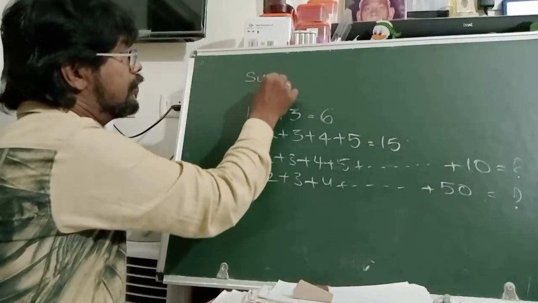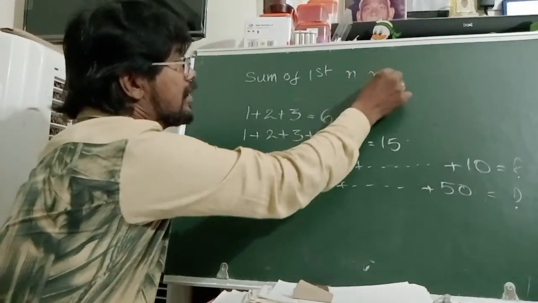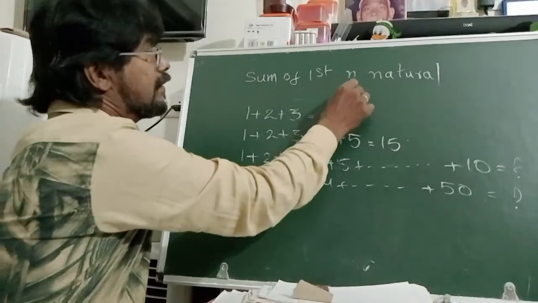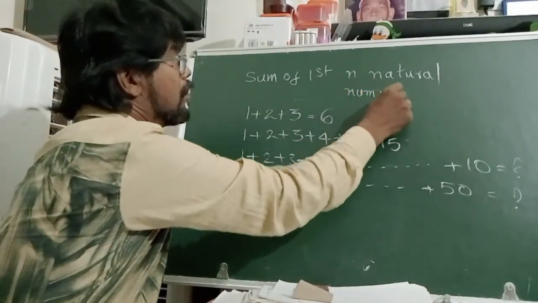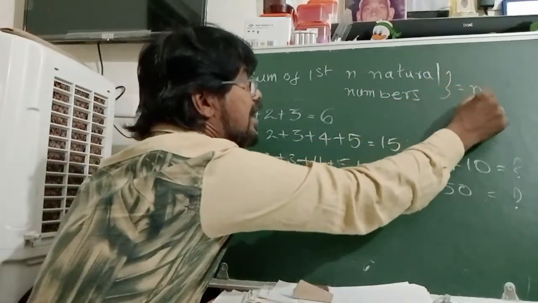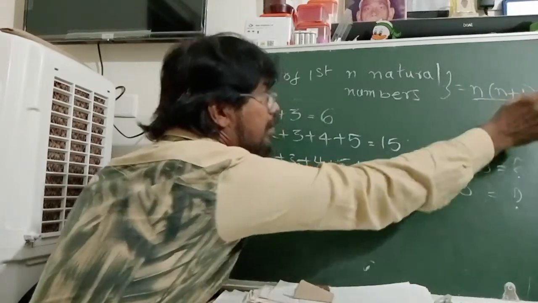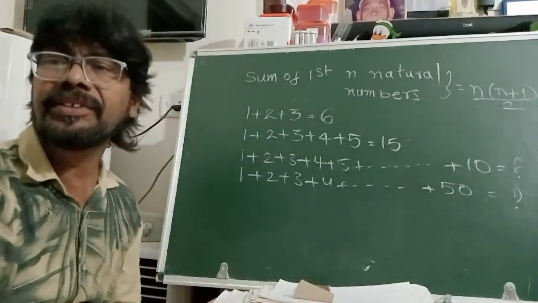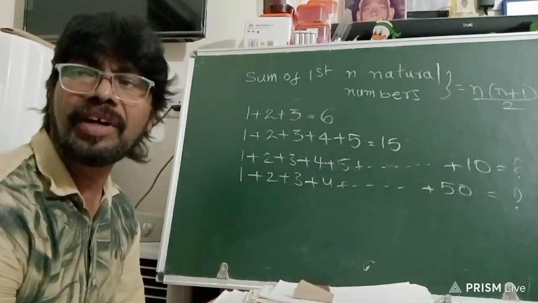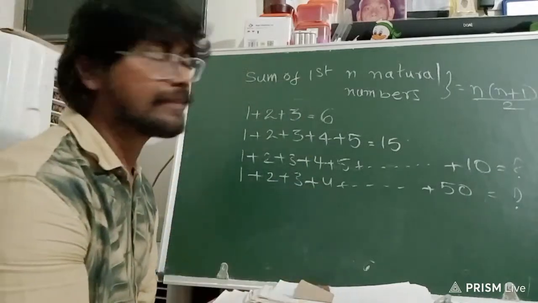Sum of first n natural numbers is the formula n into n plus 1 by 2. That is the formula. By using this formula, we can easily find the values of these series.